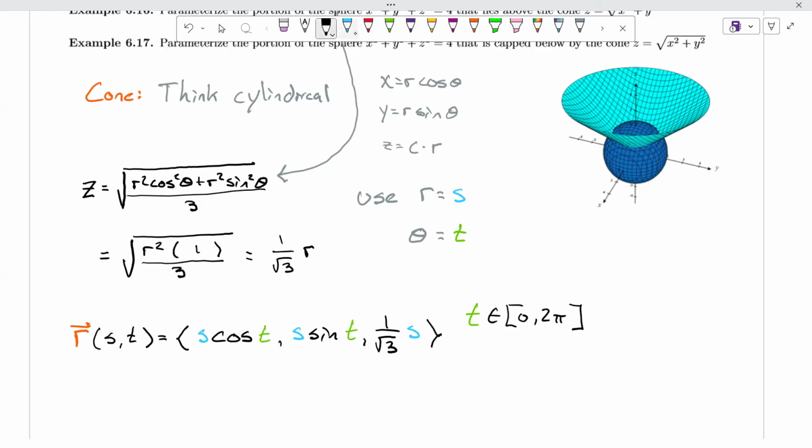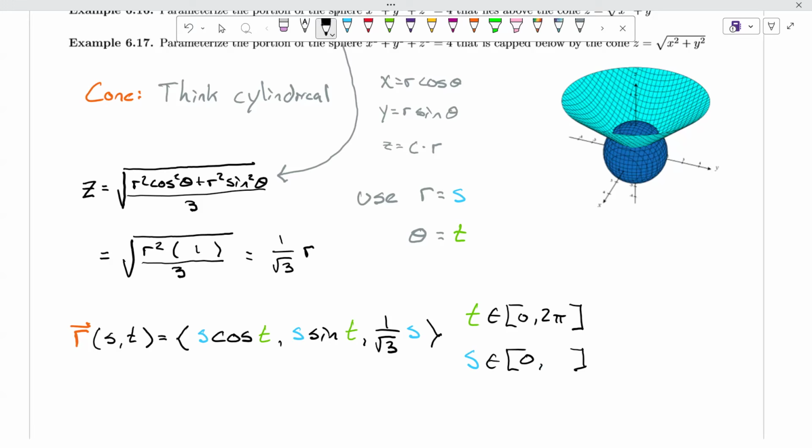And s is also in something, 0 to something. I'm going to leave that blank for a second because we actually haven't figured out what our radius is going to be bounded by yet. So we should go figure that part out.